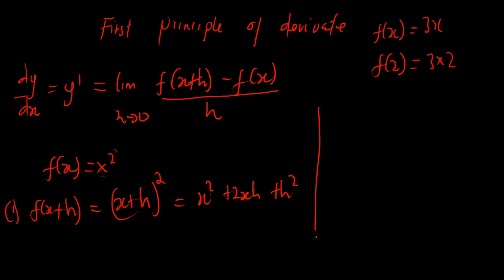So let me rewrite it. So we have dy dx equals limit as h approaches 0 of f of x plus h. We have f of x plus h as x squared plus 2xh plus h squared. Now we have minus f of x.